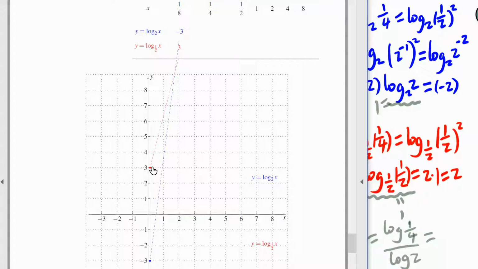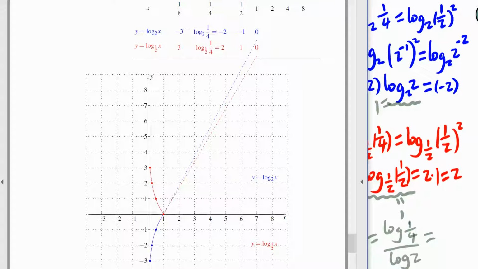So that was the first point, 1/8 negative 3 and 1/8 positive 3. The second point we did in this way. And the third point is 1/2. When x equals 1/2, you then have a negative 1 and positive 1. When x equals 1, both, you got 0.